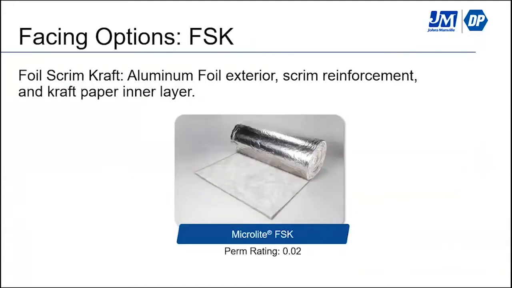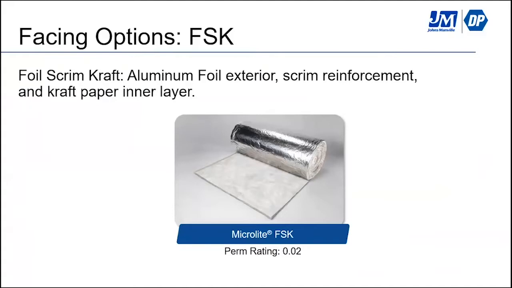As far as the different types of options for vapor barriers that are out there, typically in fiberglass insulation, your standard facing is what we call FSK, or foil scrim kraft. It's basically 3 components: a layer of aluminum foil laminated together with a scrim reinforced fiber, as well as a layer of kraft paper, all laminated together into a composite, which is then glued on during the process of creating fiberglass to create something like the picture here, which is our Microlite FSK duct wrap.